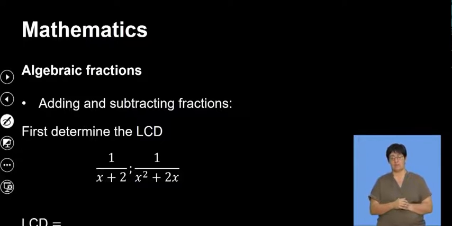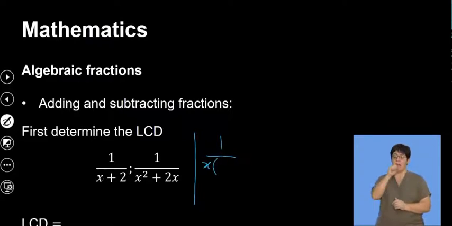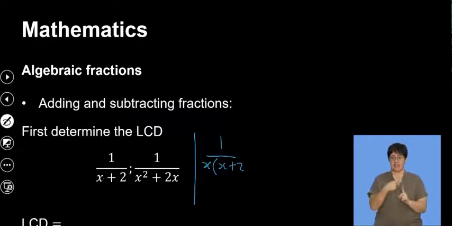Now also, another example is I have 1 over x plus 2, and x over x squared plus 2x. Firstly, I must simplify this. It becomes still 1 over x plus 2. I'm going to leave that. But this one I must simplify to x into x plus 2, right? So you can already see that the x plus 2 is already common.